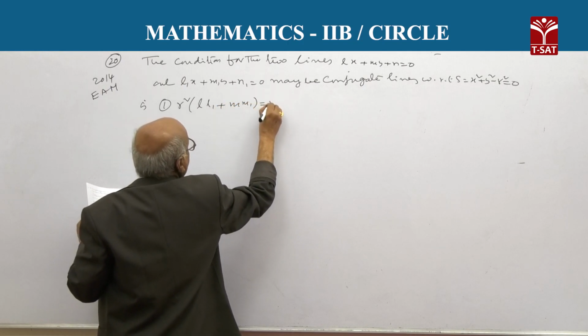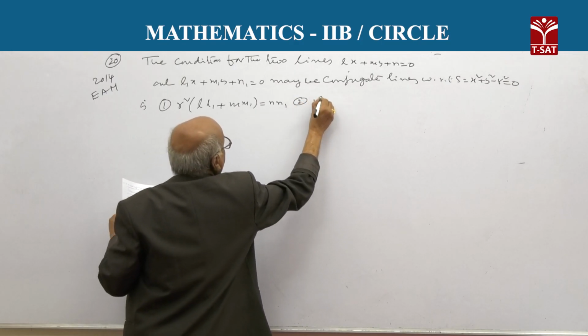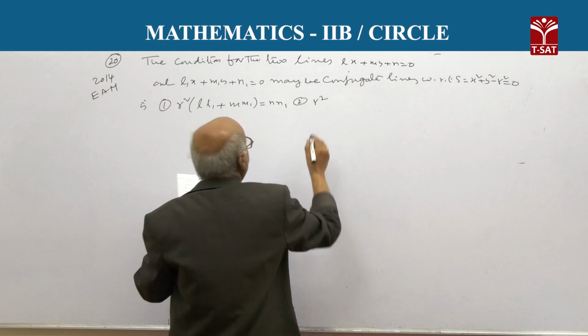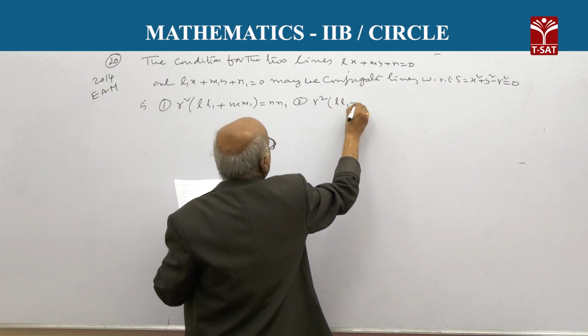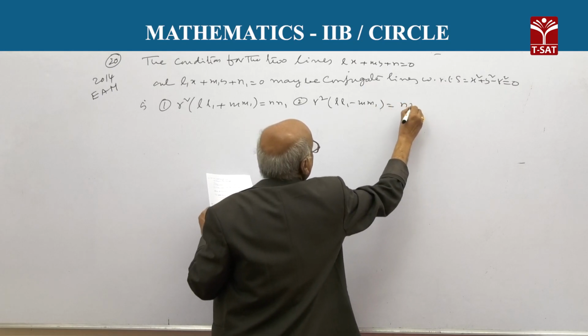Number 2, r square into LL1 minus MM1 is equal to NN1.